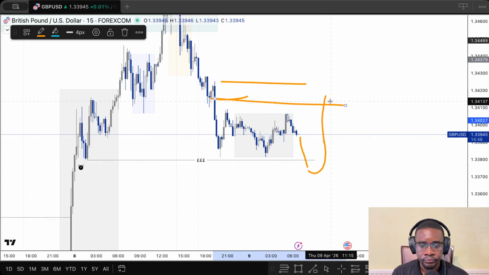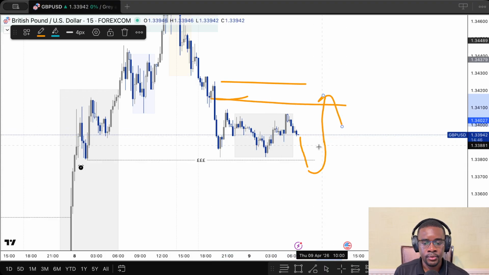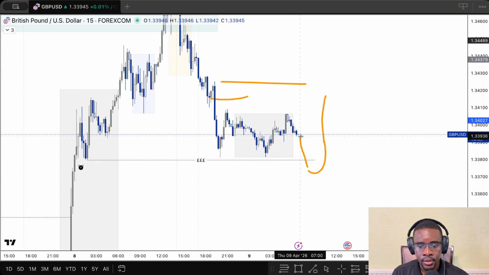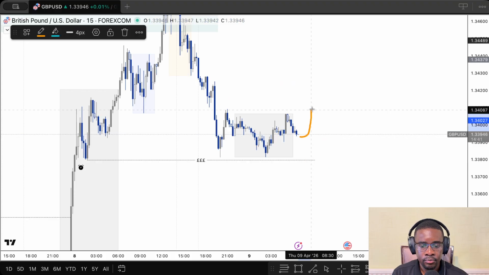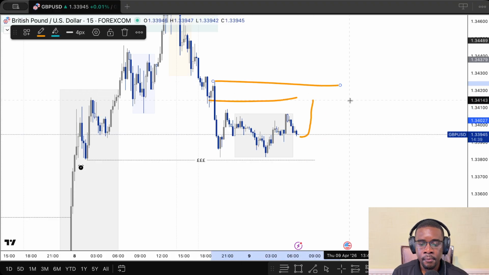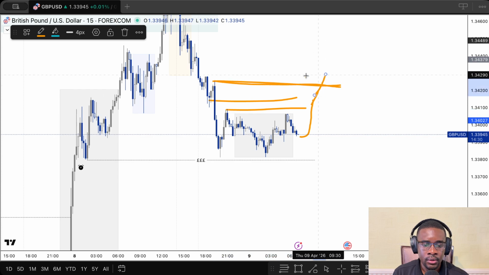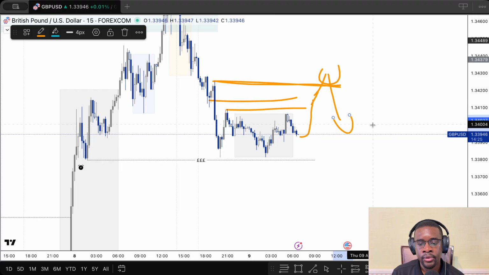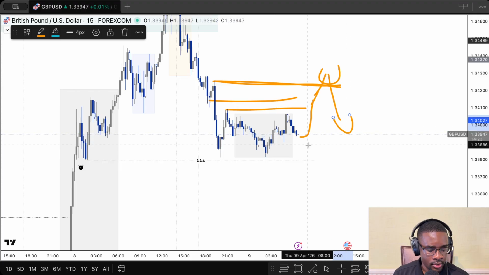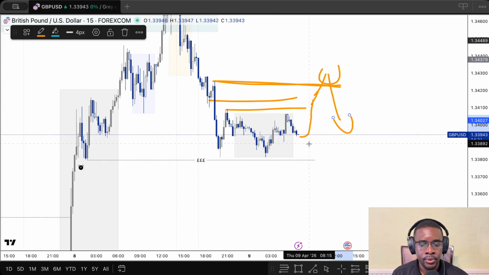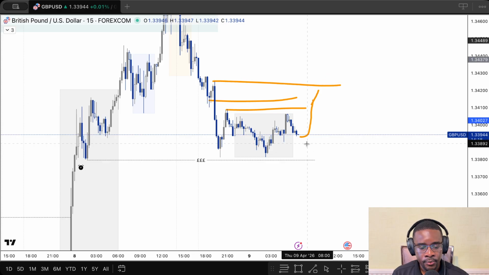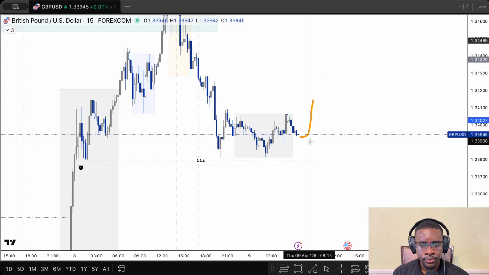Okay, it is possible our price could simply start by pushing up into this area, sweep this high, and maybe sweep this one as well, and then after taking out all the resting liquidity up there, then possibly price starts coming down. So we don't know.